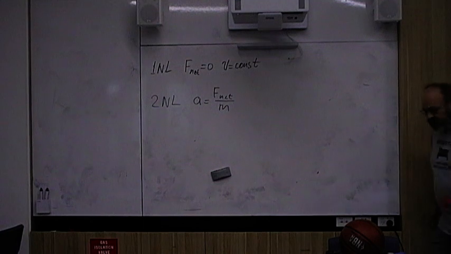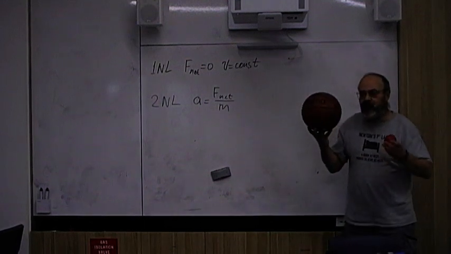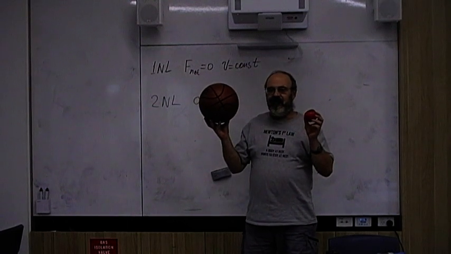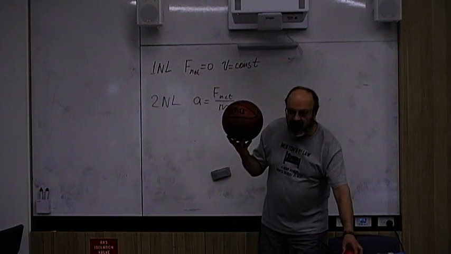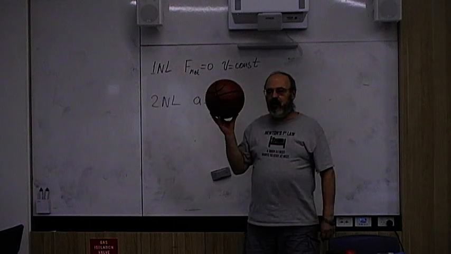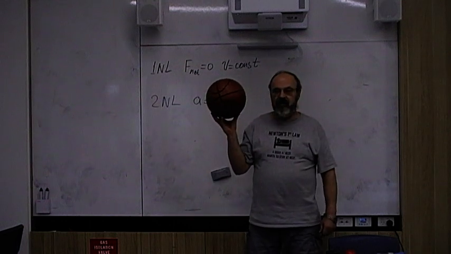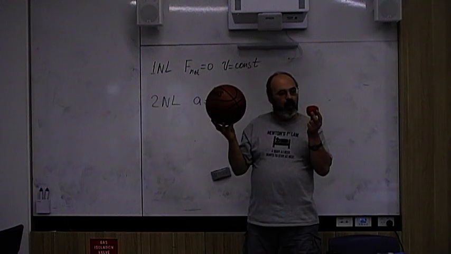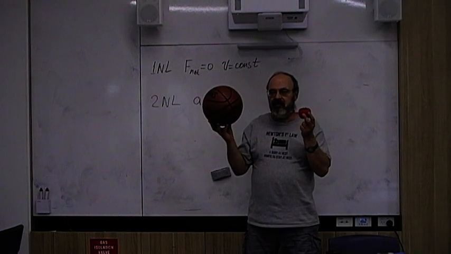If, for example, I have two objects, one clearly with a bigger mass, another with a smaller mass. If I apply the same force to the bigger object and to the small object, which one will get more acceleration? The smaller.